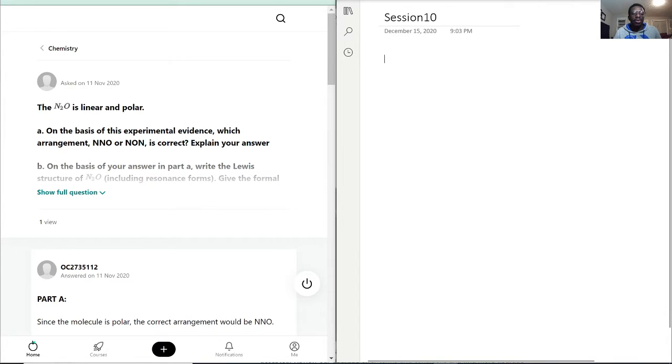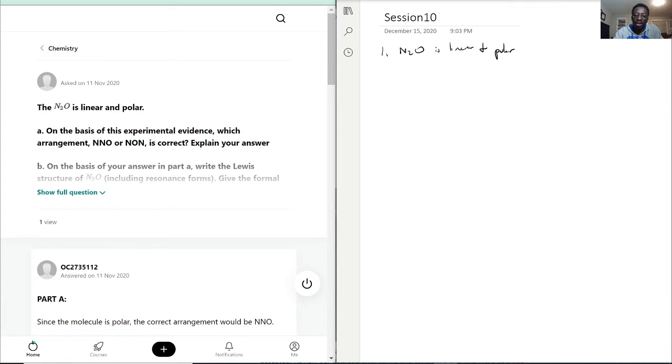We now have question 1 for this session: N2O, so dinitrogen oxide, is linear and polar.